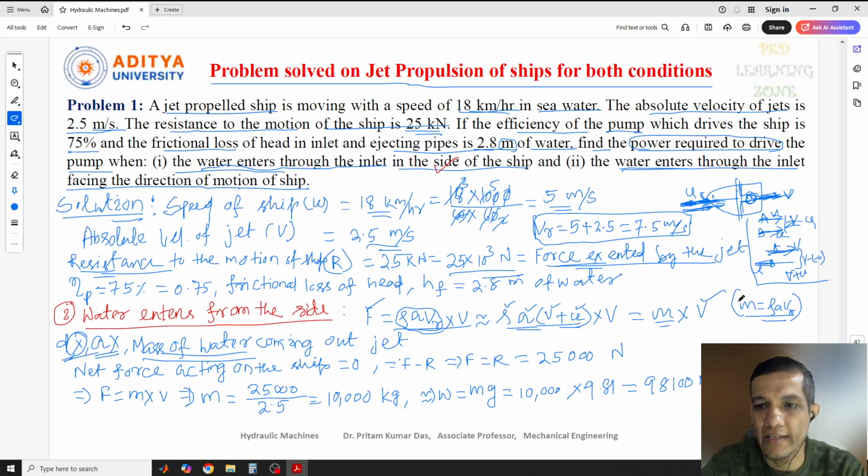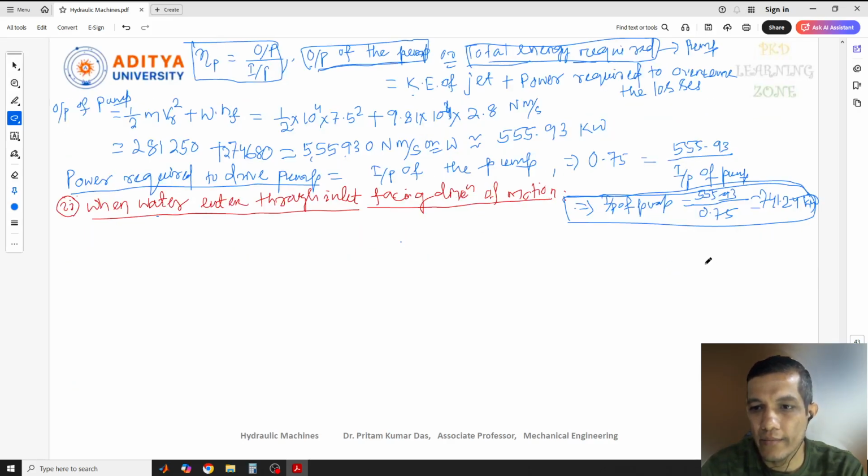The second condition: suppose the ship is moving in this direction with velocity u, and through this orifice of inlet the water is coming inside, and here it is leaving out, and here the pump is there.